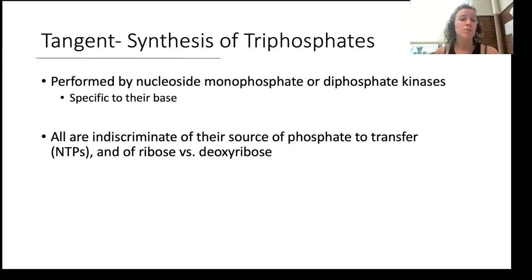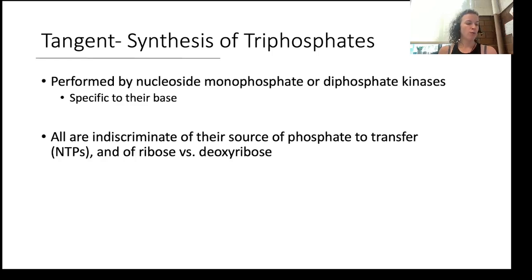These reactions are performed by various nucleoside monophosphate or nucleoside diphosphate kinases. These kinases are specific to their base. So the substrate will be the adenosine or the uracil, right? The substrate is specific.